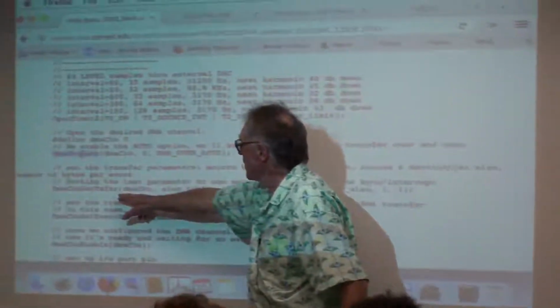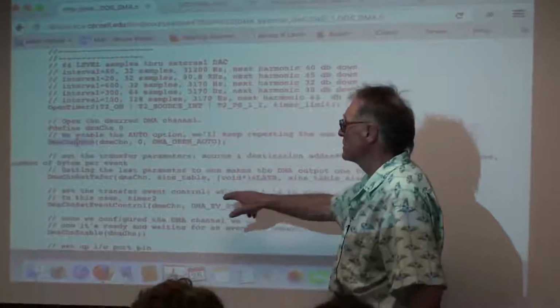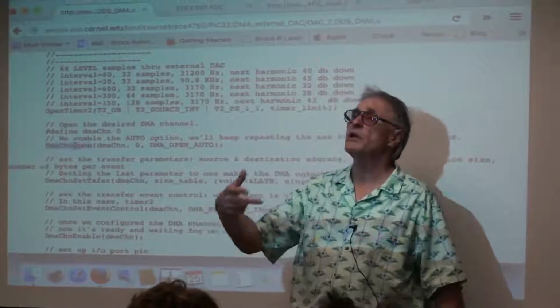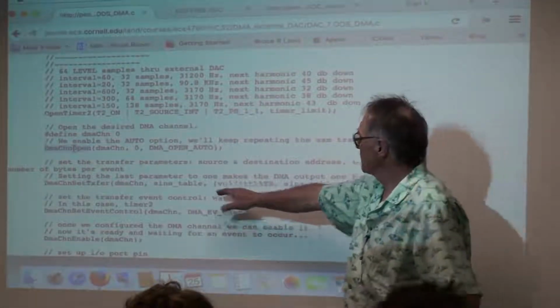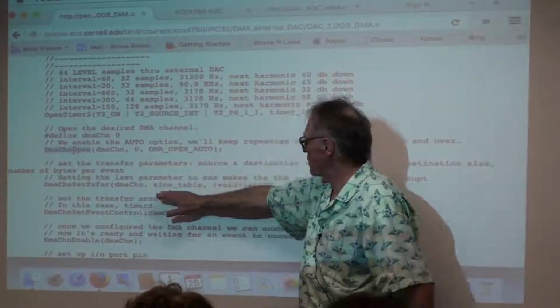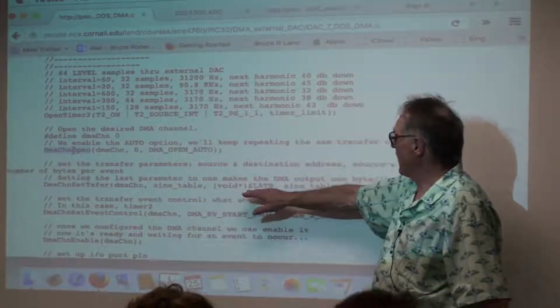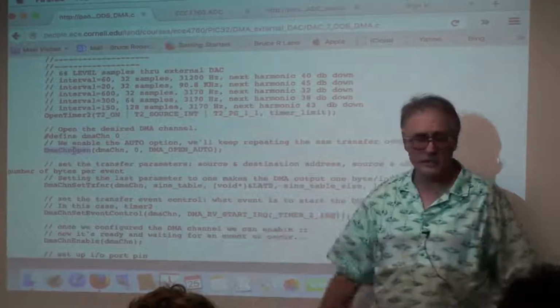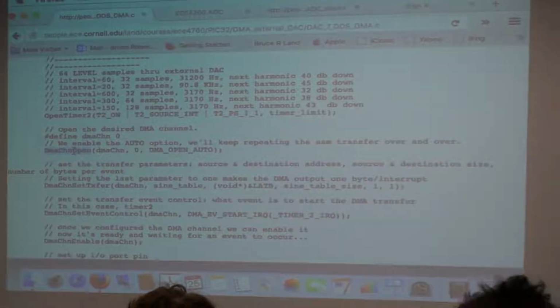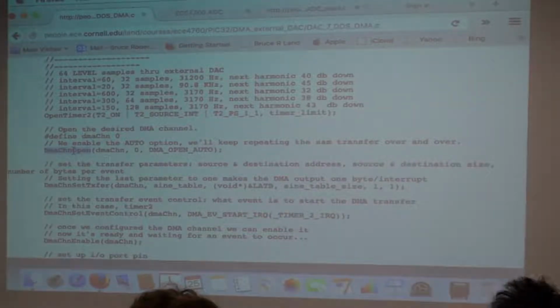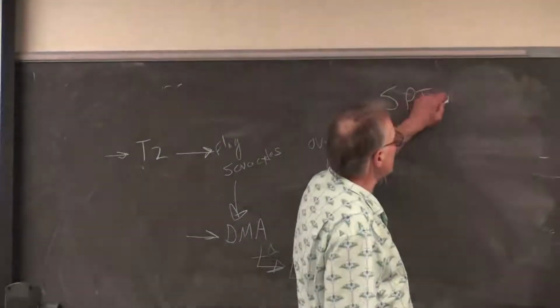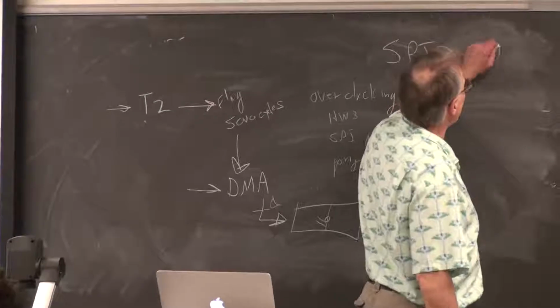Then we have to set a channel transfer function, which is going to be the source, the destination, and the length for each one. So we're going to set up for a certain DMA channel, we're going to tell it where the table is and where the destination is. And again, your destination is going to be SPI2 buff.